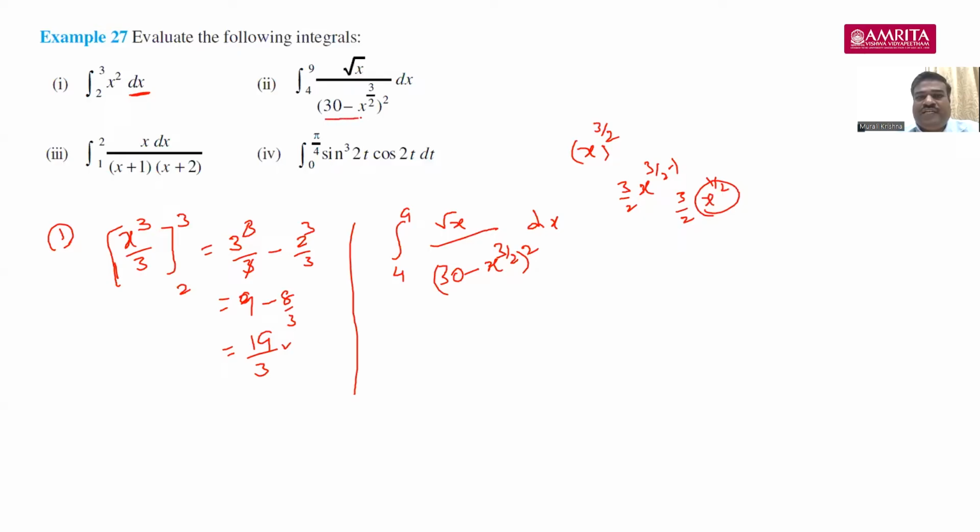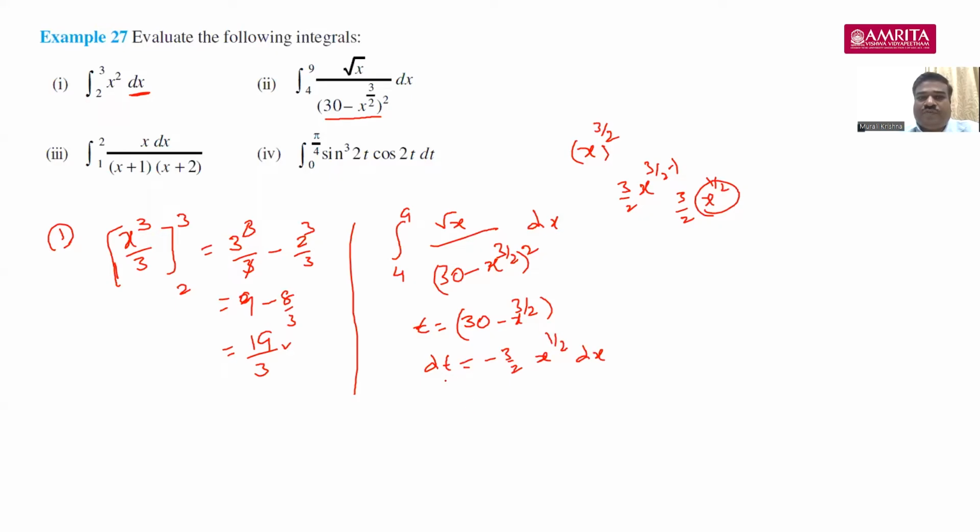So you can take this entire expression as some t. For this question, take t equal to 30 minus x power 3 by 2, and your dt is equal to minus 3 by 2 times x power 1 by 2 dx.